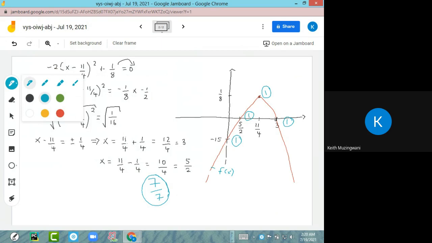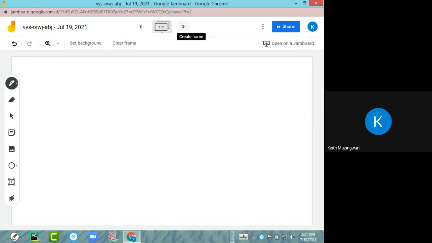Next, the next thing that we'll do now is, since we are able to complete the square and sketch, we should be able to understand what goes on with ax squared plus bx plus c is equal to 0.